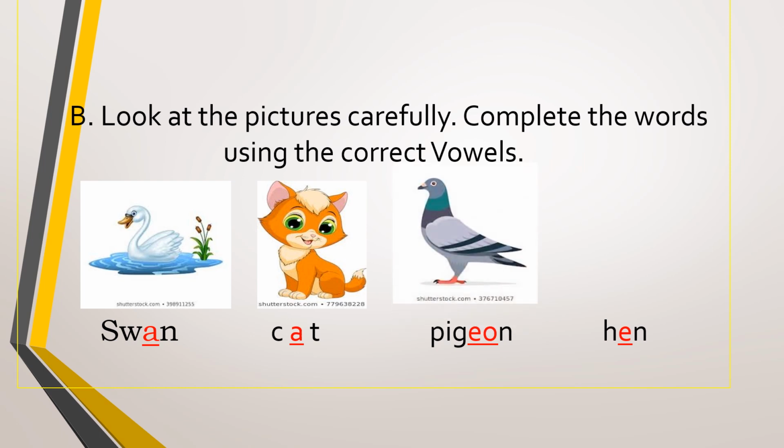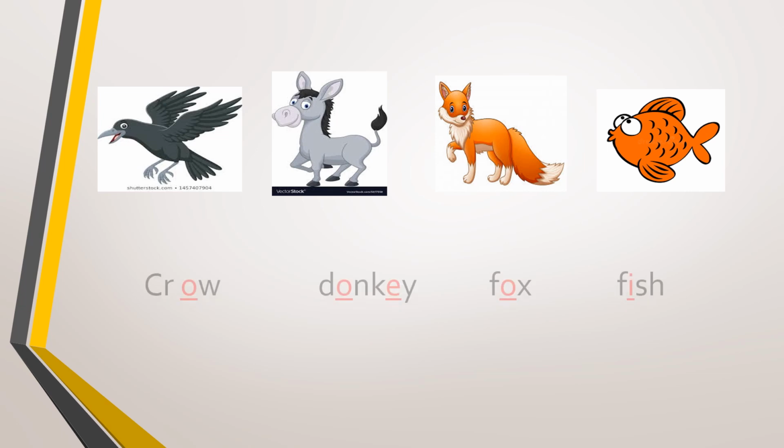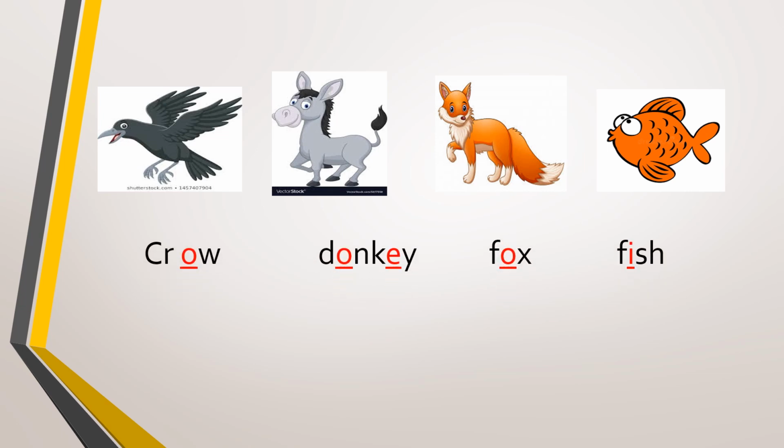Pigeon, P-I-G-E-O-N. Which vowels were missing? E and O. Hen, H-E-N. E was missing. We have the first picture, crow. C-R-O-W, crow.